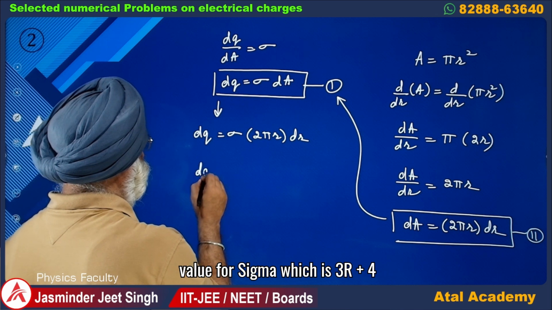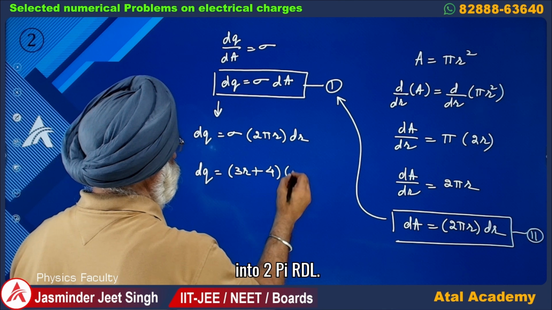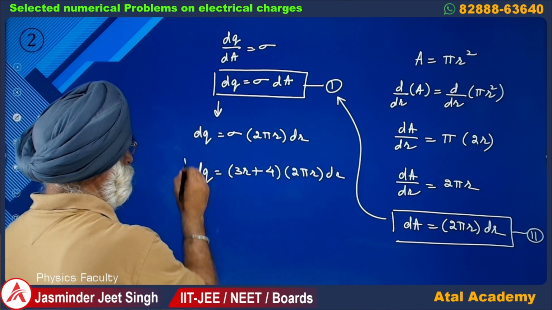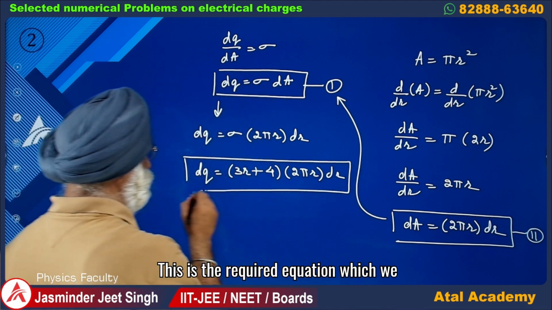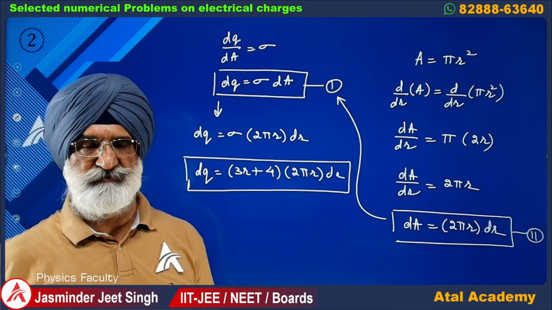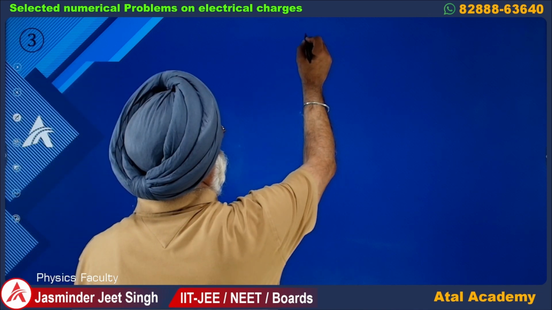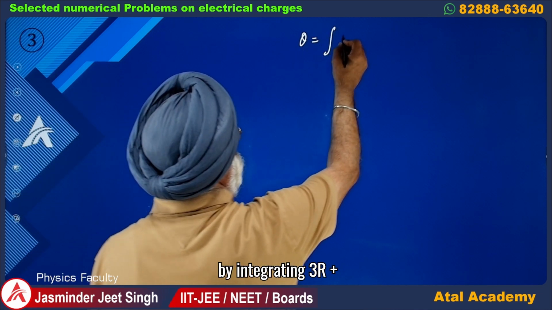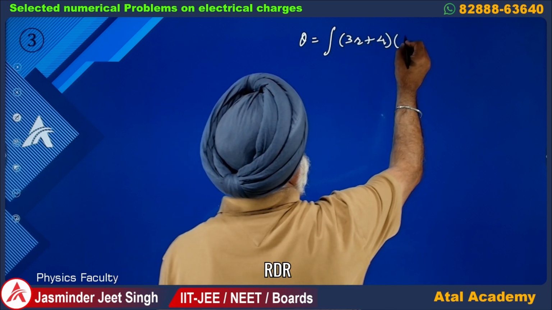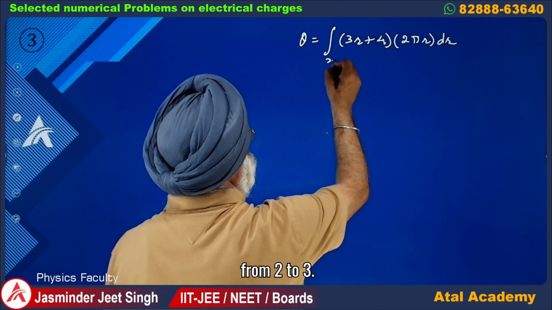So we can put the value for sigma, which is 3r plus 4, into 2 pi r dr. This is the required equation which we are supposed to integrate to get the required result. We can find out the total charge Q by integrating 3r plus 4 into 2 pi r dr from 2 to 3.